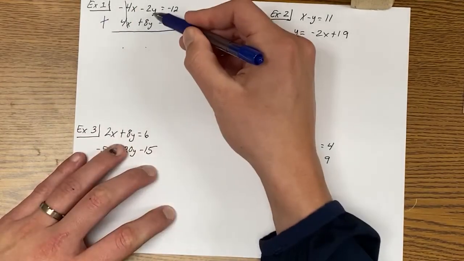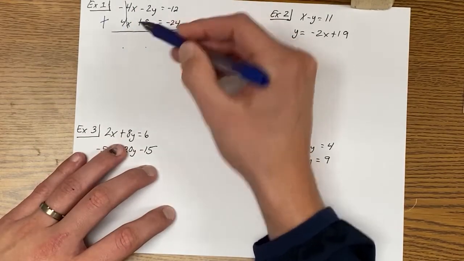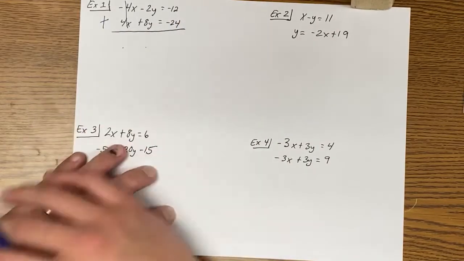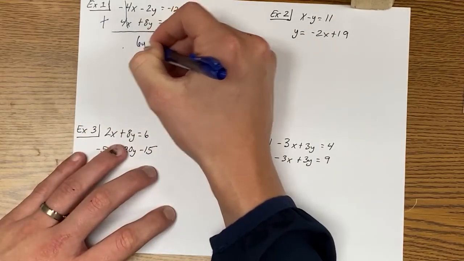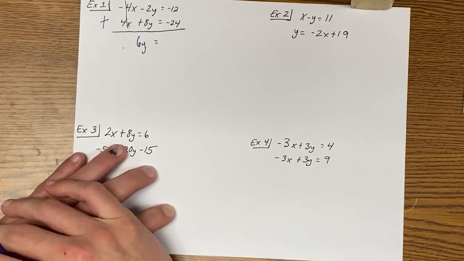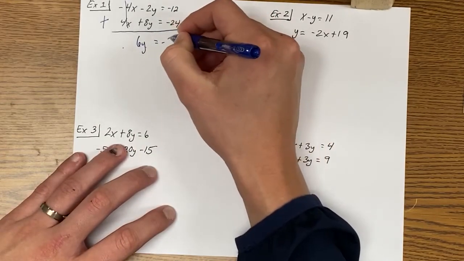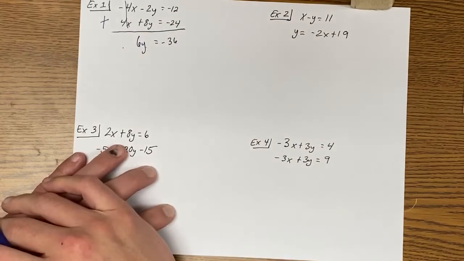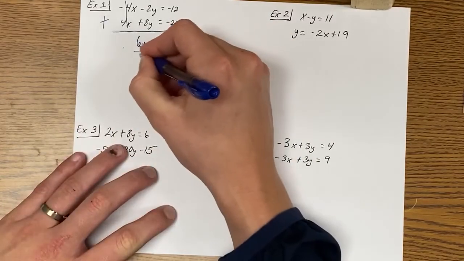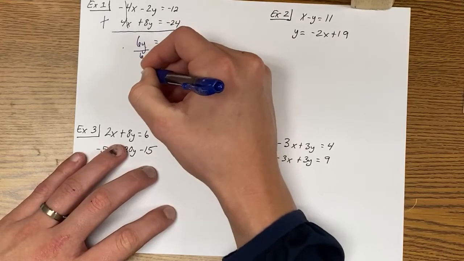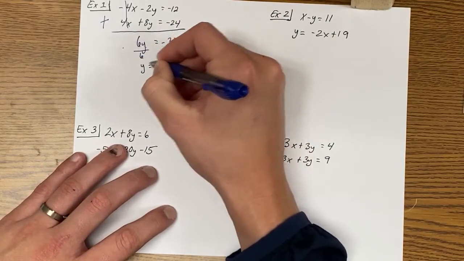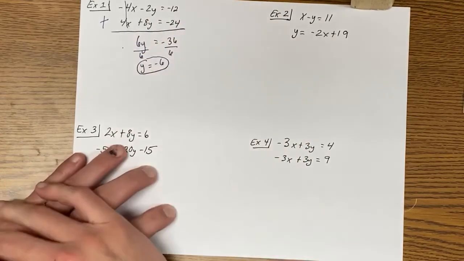Now I do negative 2y plus positive 8y. So I have negative 2 plus 8, so I get 6y equals negative 12 plus negative 24, which gives me a negative 36. So now I've solved for y. Divide both sides by 6, and I get y equals negative 6. There's one part of my answer.